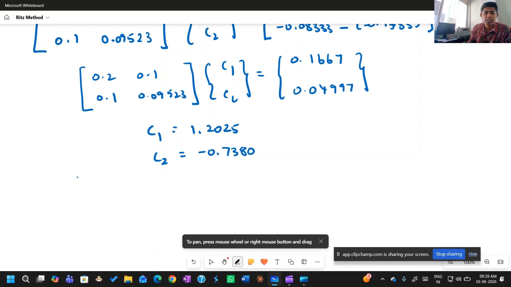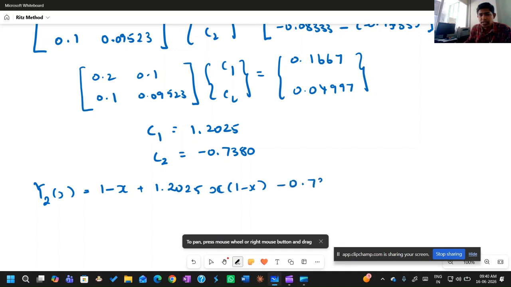Okay, so the final value will be y2 of x is equal to 1 minus x plus 1.2025 x into (1 minus x) minus 0.7380 x square into (1 minus x).